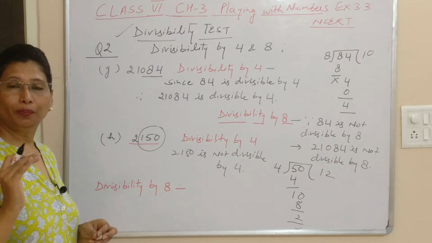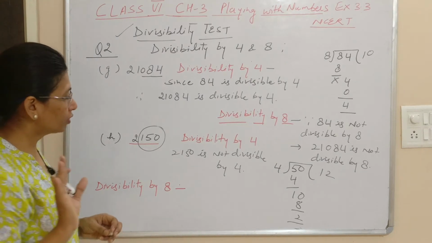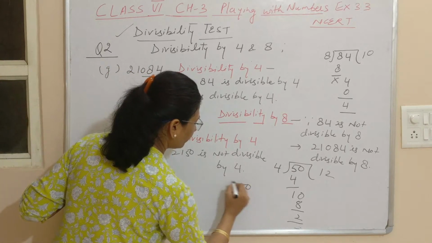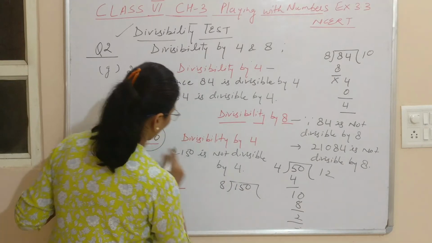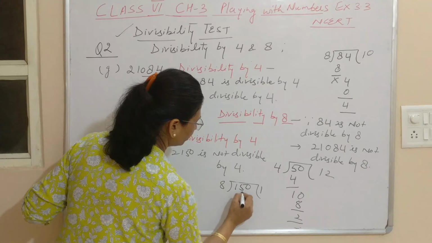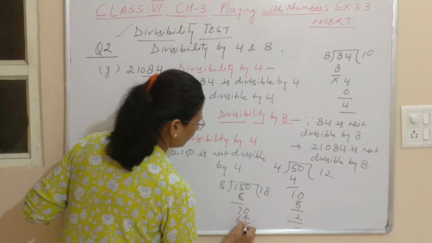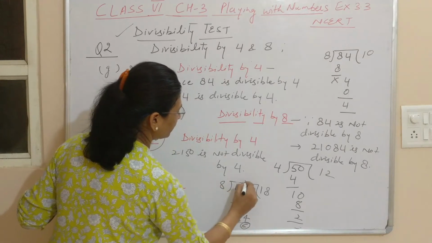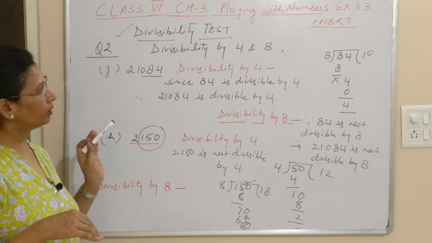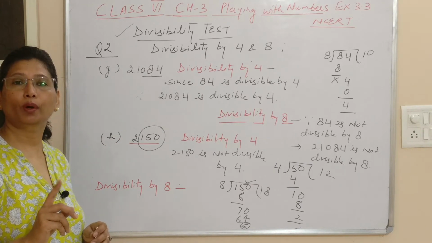The purpose is just to give you the idea that this number is not going to be divisible by 8. So we'll divide 150 by 8. We take the number formed by the last 3 digits, and here you see we have a remainder left. So we'll write that this number is not divisible by 8. After this, I hope you can try the other questions, and I'll take the third question, which is about the divisibility test of 6.